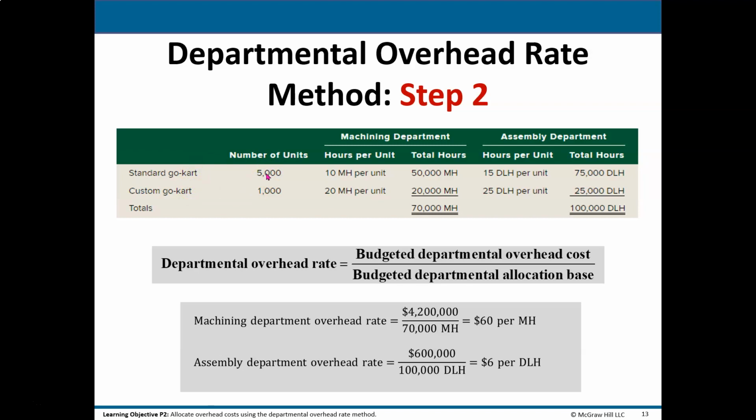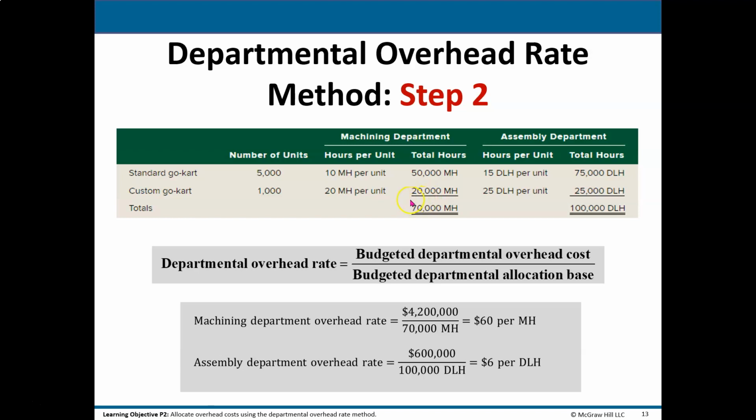Now, for the standard go-kart, each unit requires 10 machine hours to produce a go-kart. So 5,000 units at 10 machine hours per unit, I'm going to use 50,000 machine hours to make the standard go-karts. The custom go-kart, we're going to have 1,000 units that we're going to make, and each one of those units requires 20 machine hours per unit.